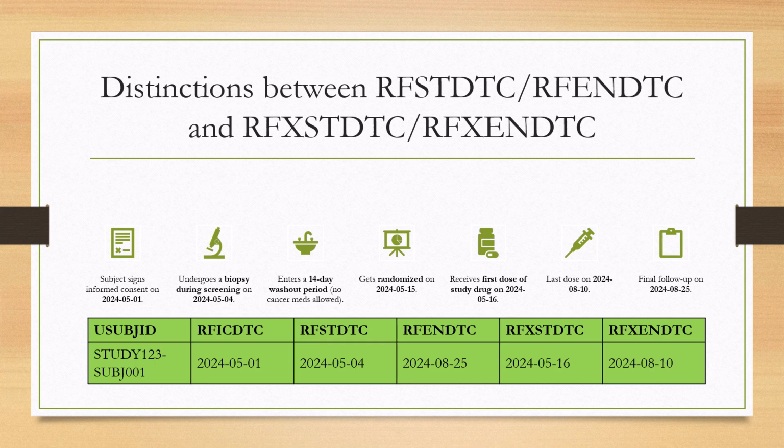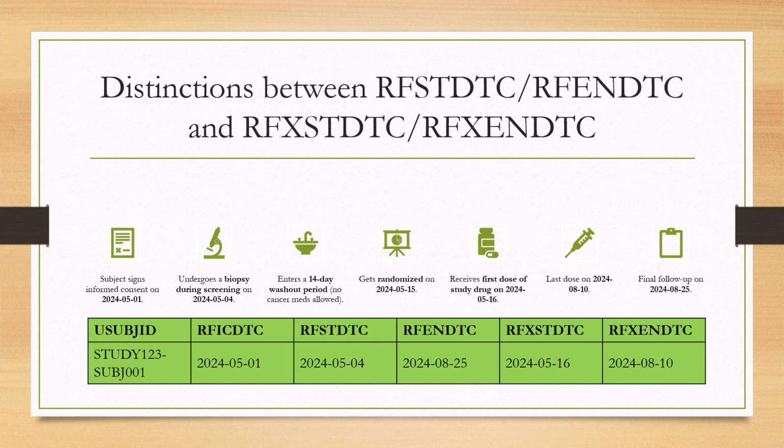The RFXSTDTC and the RFXENDTC variables define a consistent reference period for all interventional studies and are not open to customization. These dates will always represent the date and time of first and last study exposure.